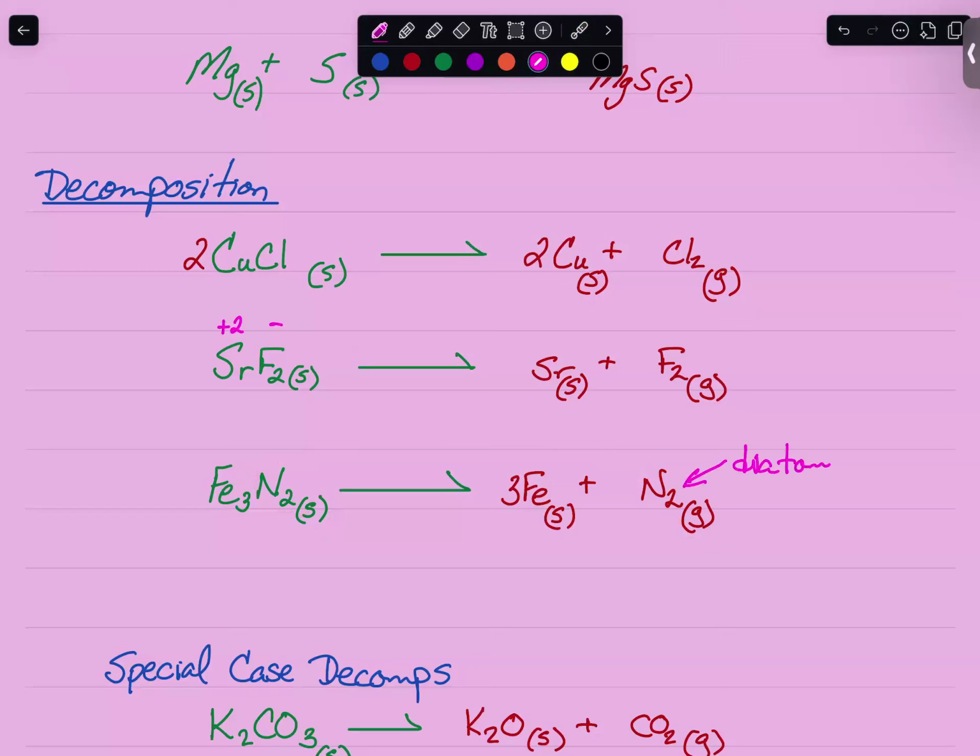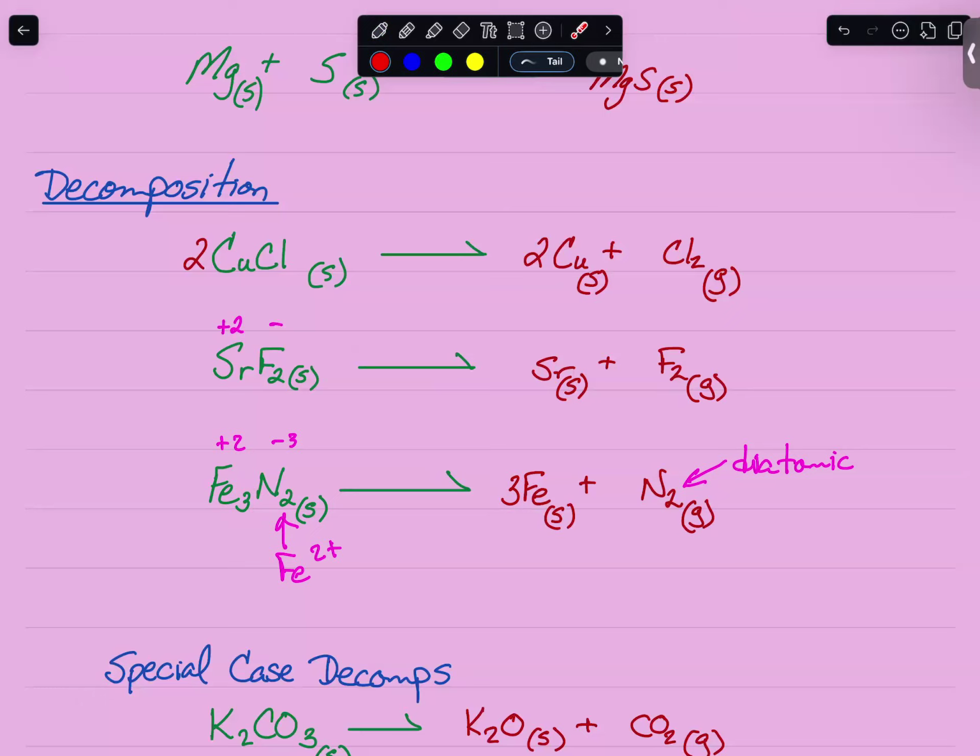That too is there because Fe is 2 plus. And of course, this 3, we have plus 2, minus 3. So the 3 came down, formed that. Now I've got 3 irons, and I balance it out with 3 irons.